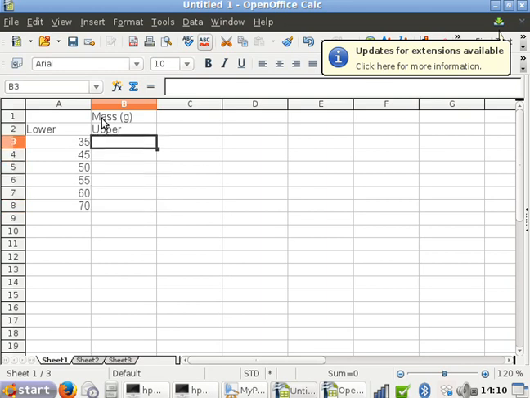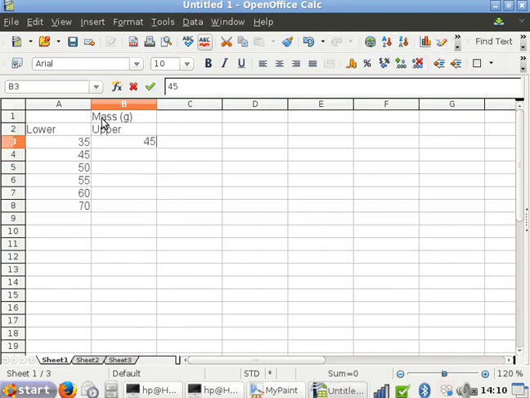And then upper: 45, 50, 55, 60, 70, 85. And then the frequency: 36, 40, 52, 42, 50, and 30.